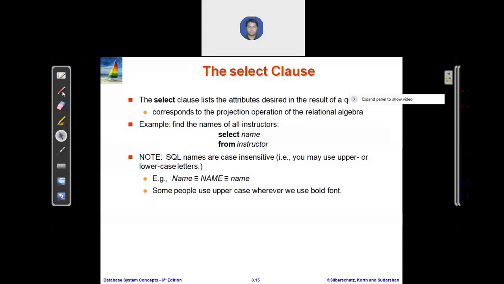Like here we have written one simple query: select name from instructor. There is one table, instructor, and we want to retrieve the names of instructors. So select name from the instructor table will give you all the names of instructors.